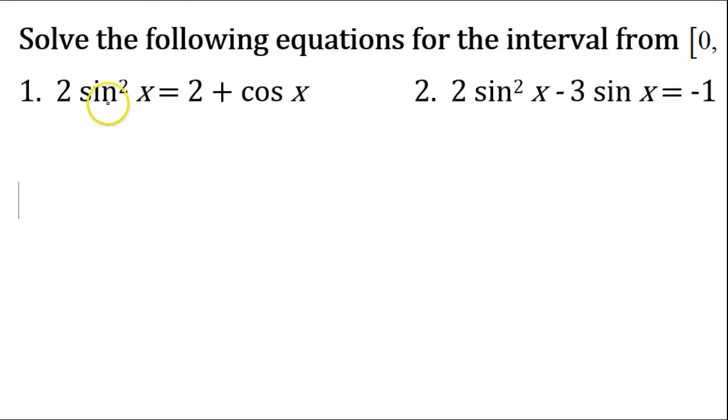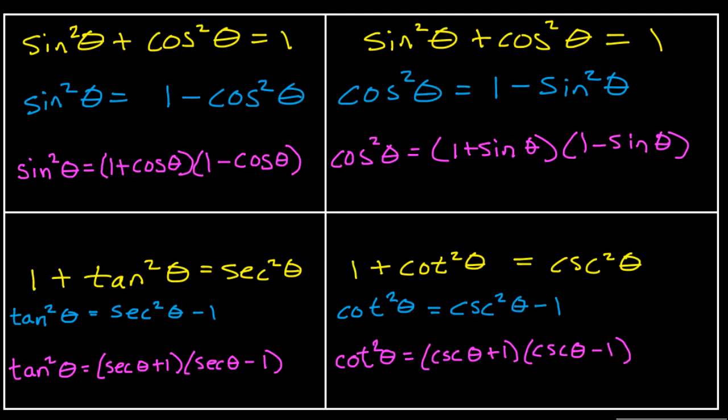Now, I notice that we have sine and cosine. To have an equation that we can solve, it's important that we have one trig function, not two different trig functions. So, I'm going to try to make a substitution. Looking at the chart of Pythagorean identities, see how everything is squared?